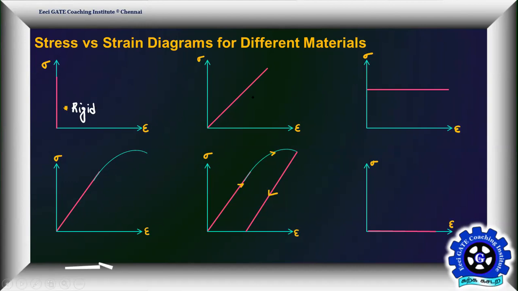Tell me, this diagram is drawn for what? Perfect elastic. This diagram is drawn for perfect elastic material. This is drawn for perfectly plastic, correct or not? Perfectly plastic. This is rigid, meaning perfectly rigid.